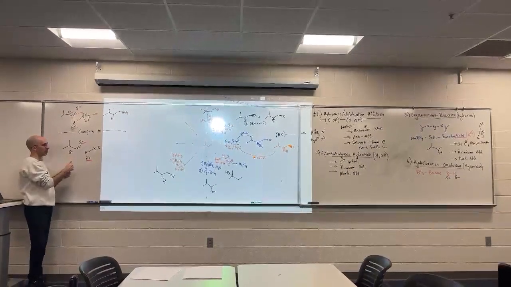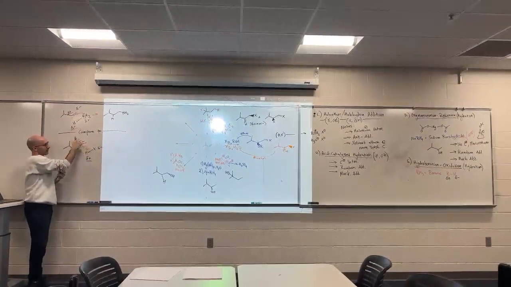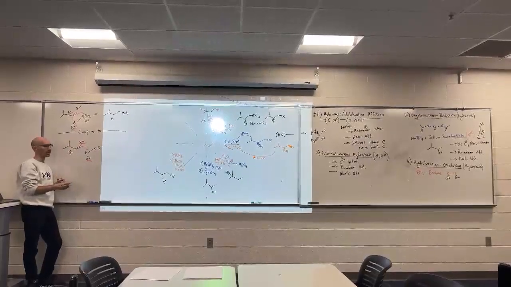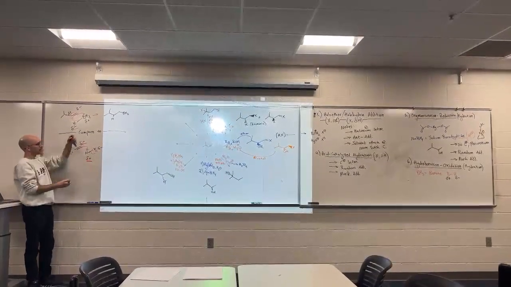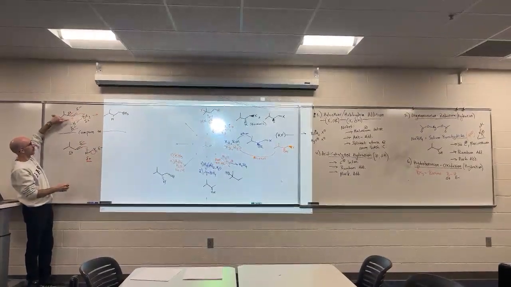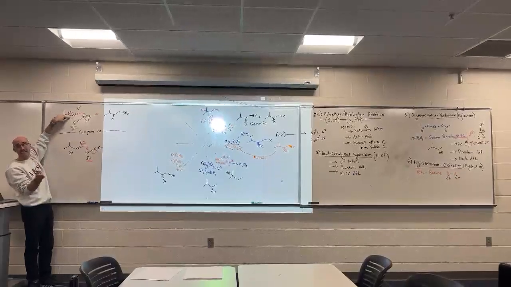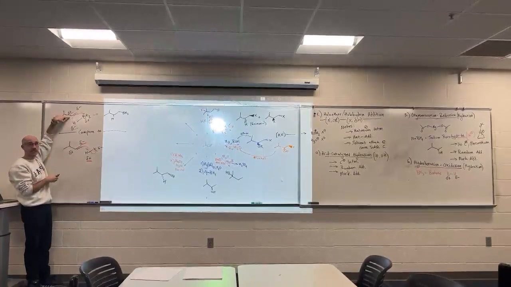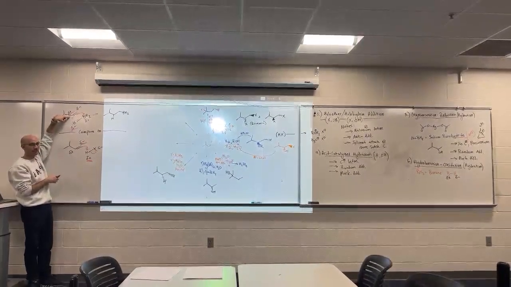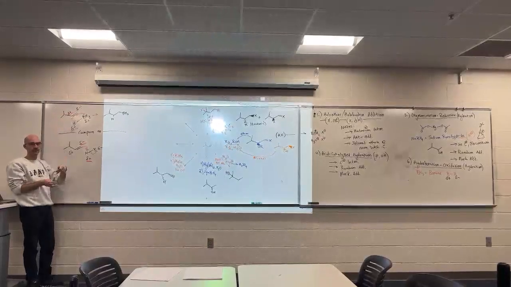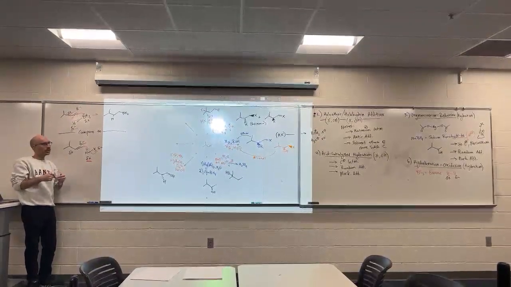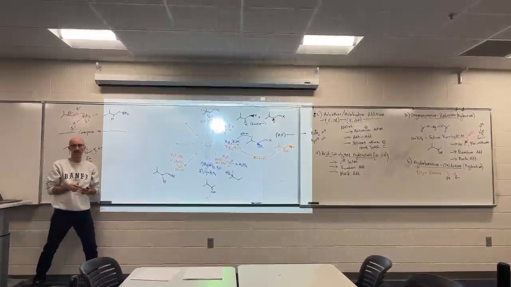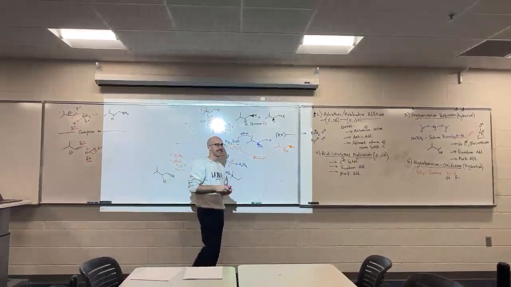When hydrogen is partial positive, it's the less substituted carbon that takes it. When hydrogen is partial negative, it takes itself to the more positive carbon. Partial charge on hydrogen predicts the regiochemistry.